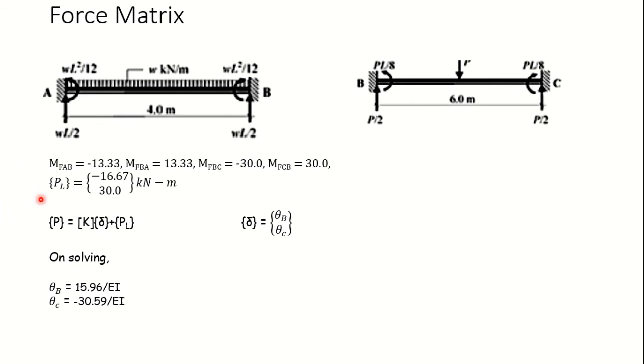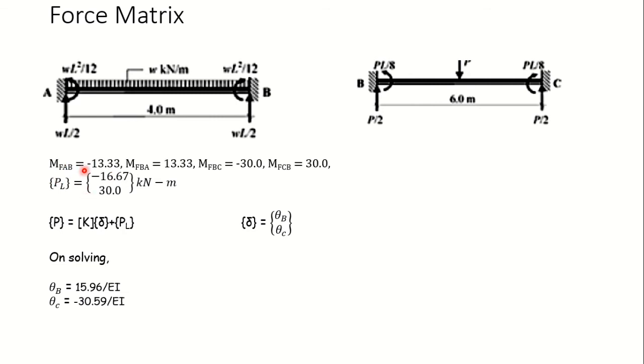Now for that you find the fixed end moments in members AB and BC, then see what will be the net force in coordinate number 6 and coordinate number 9. In coordinate number 6, MFBA plus MFBC will be the net force. In coordinate number 9, MFCB will be the net force.